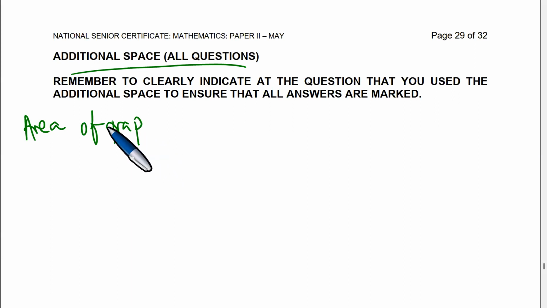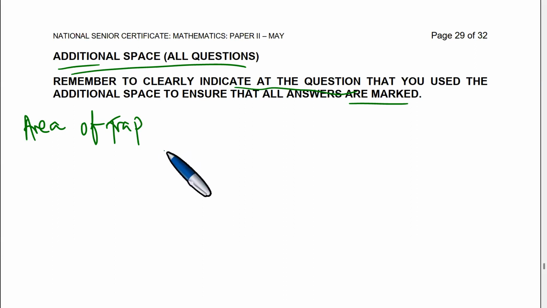Remember to clearly indicate the question that you used the additional space for, to ensure that all answers are marked. So you must label and clearly indicate the question.